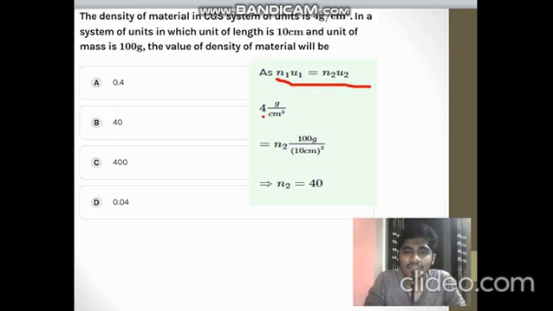Here N1 is 4, because that is the numerical value given, and U1 is the unit, gram per centimeter cube, equal to N2 U2. N2 is what we have to find. Instead of gram, you should write 100 gram because the units have changed. So 100 gram divided by 10 centimeter the whole cube. When you solve this, you'll get N2 = 40. So the value of the density of material is 40.